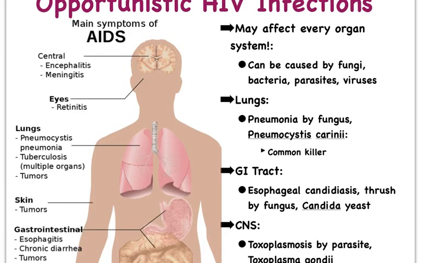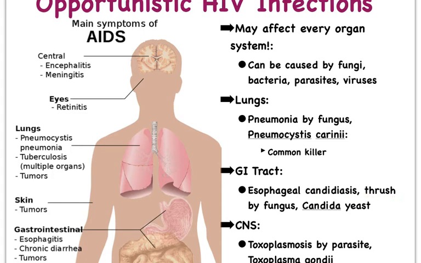We're going to see all kinds of opportunistic infections by all kinds of microorganisms. And there are some listed here that I'd like for you to memorize, as they are important in AIDS. Like the most common killer of AIDS, the infectious agent Pneumocystis carinii, which is going to cause pneumonia. It's a fungus. In the digestive tract, we're going to see fungal infections that can cause candidiasis or thrush.